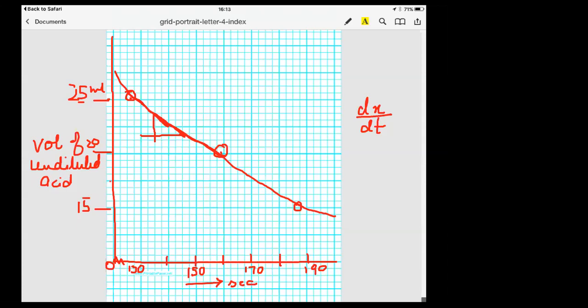So if I take this to be 18, I will have to drop a perpendicular like this, and it meets the graph here. From here, you will drop a perpendicular to find out the time taken for the magnesium strip to disappear when you are taking 18 ml of the undiluted acid.